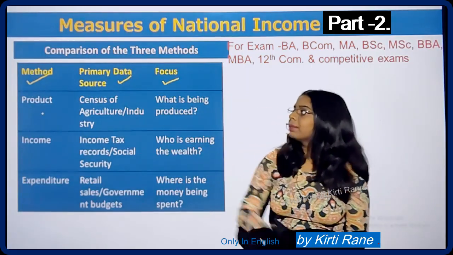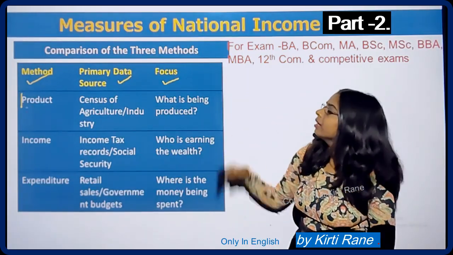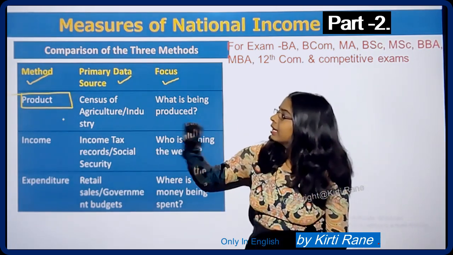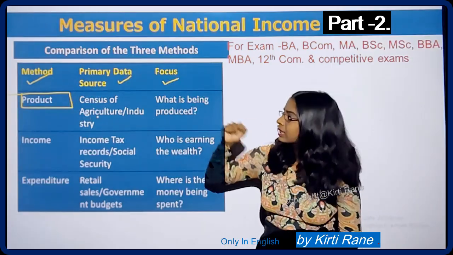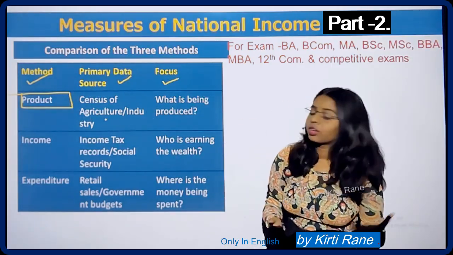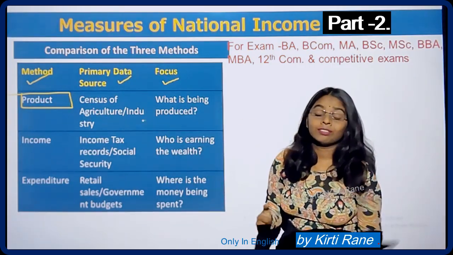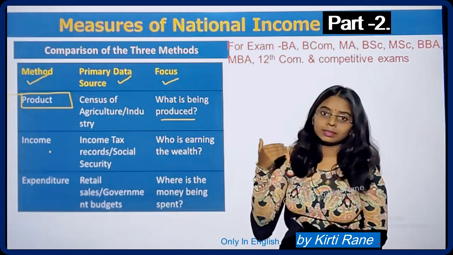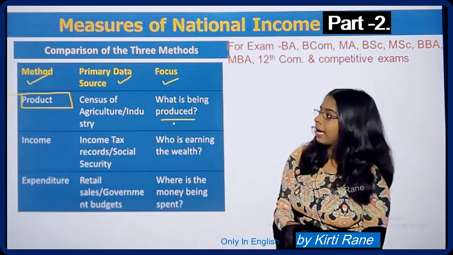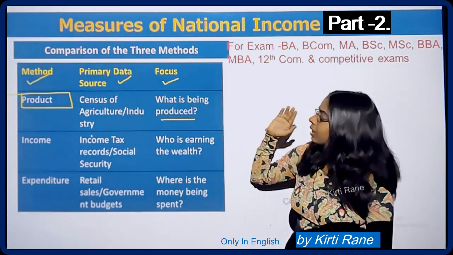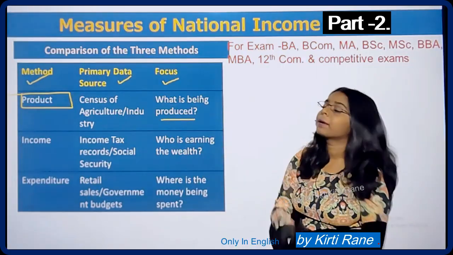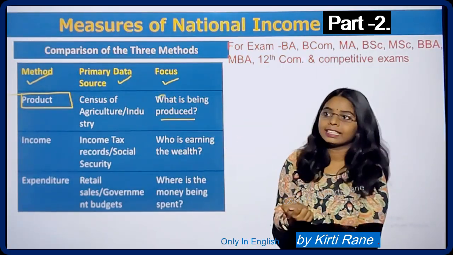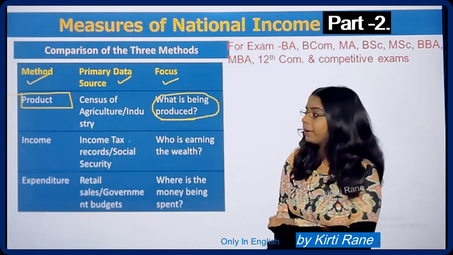Let us see the first method, the product method or the value added method. Its data source is the census of agriculture or industry. It needs to know how much product was produced in that particular time period, and it focuses on what is being produced in that sector in that period.